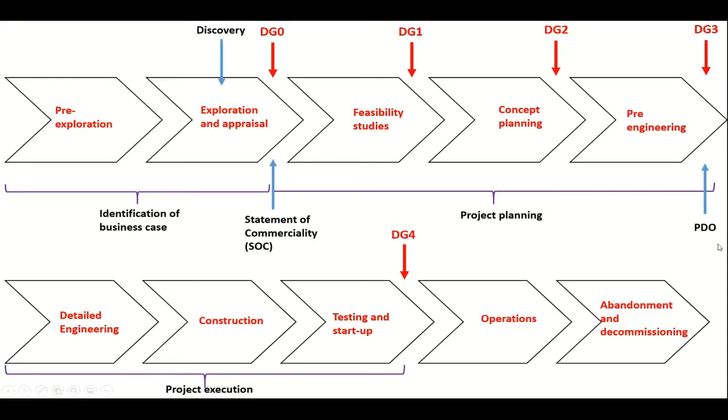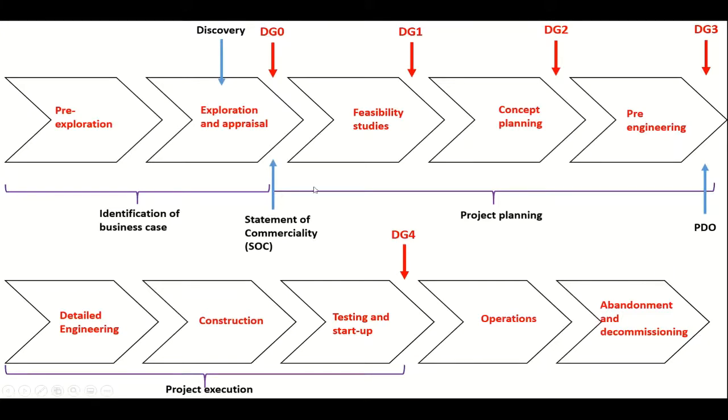After that, if the plan is approved and it is decided to build the field, then we go to the project execution phase, in which we have the detailed engineering, the construction, and the testing and startup. And at that point, we have one last decision gate in which we decide to move to operations, and finally, after operations, we come to abandonment and decommissioning.